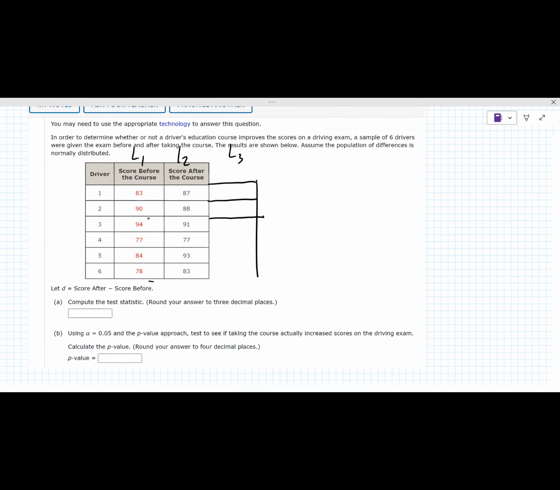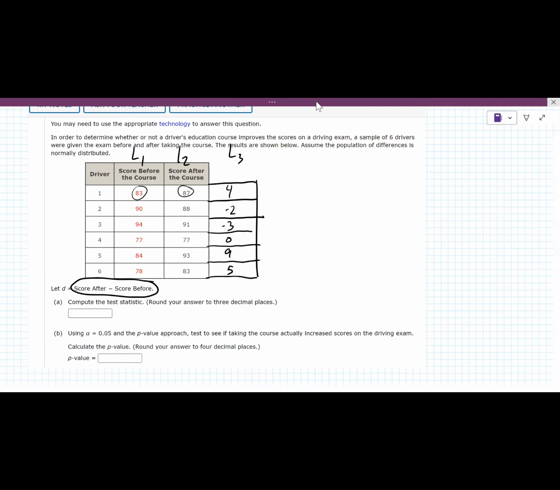They tell you it's the score after this time minus the score before, so this one's switching it up a little bit. It's 87 minus 83, 88 minus 90. Don't ask me why. 93 minus 84 is 9. 83 minus 78 is 5. It's the same thing: you're going to get the test statistic and the p-value.